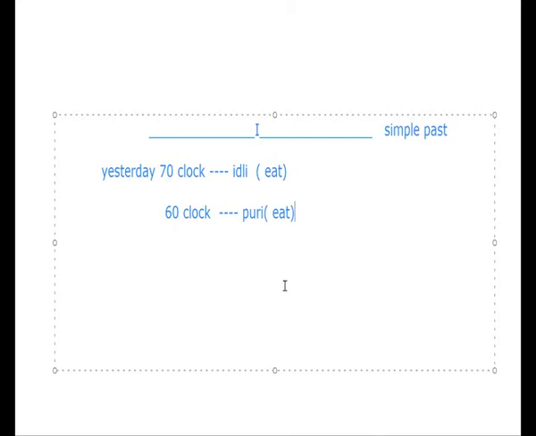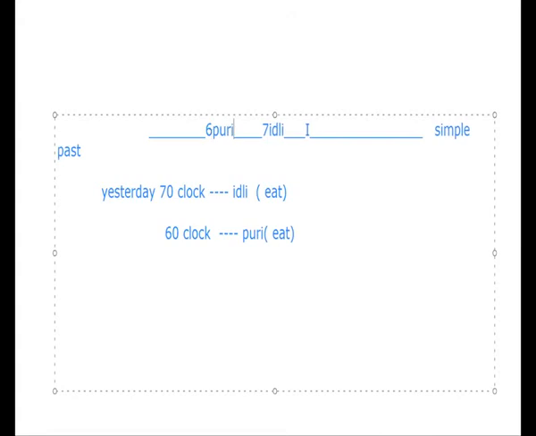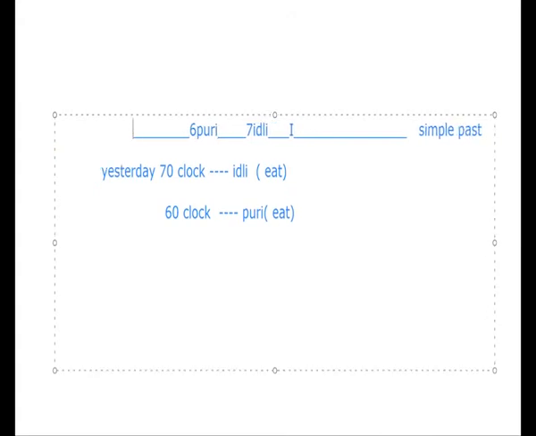How would you do that? So you're standing here and looking at the time. Obviously this is 7 and this is 6, right? You are here, reverse. This is 7 o'clock, this is 6 o'clock. Now look at this. This is idli time, this is puri time. Now you don't have to mention 6 o'clock, 7 o'clock.